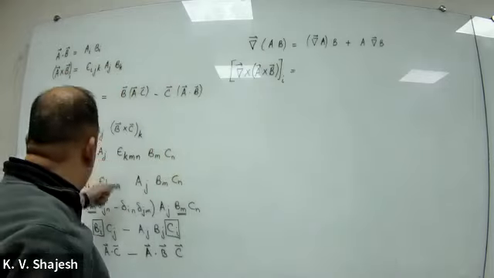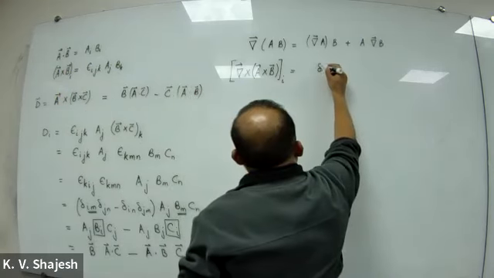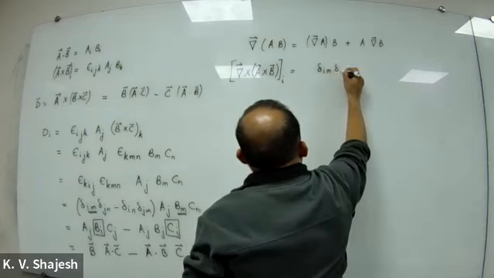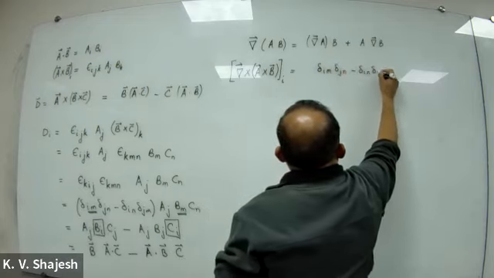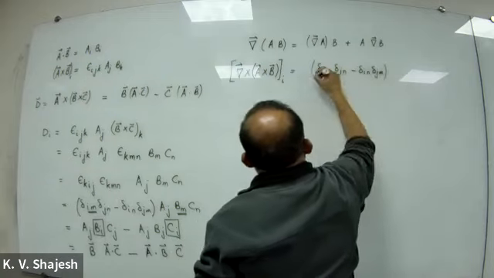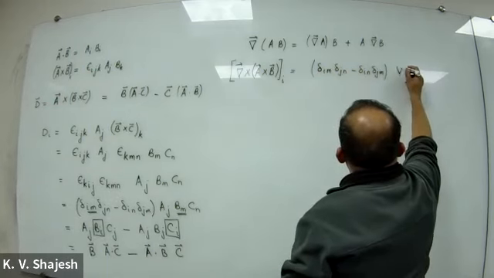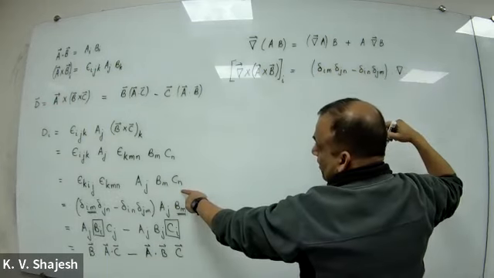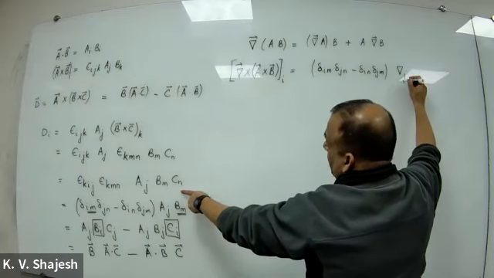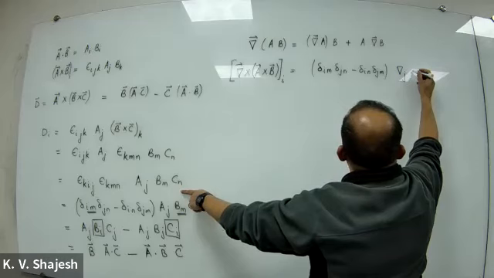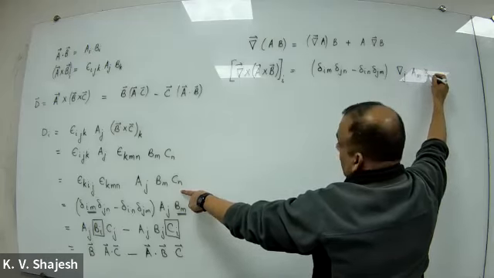So most of this goes through, and I get delta im delta jn minus delta in delta jm, except that now it is del j, del j a_m and b_n.